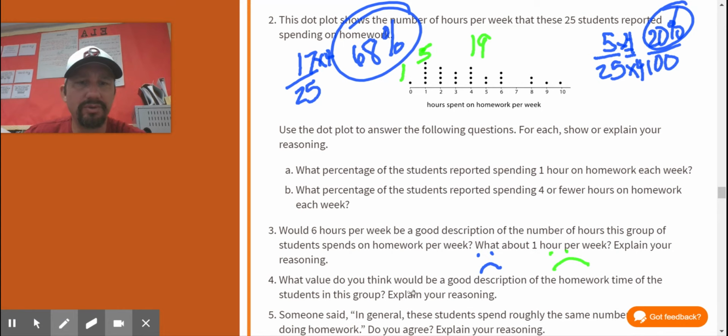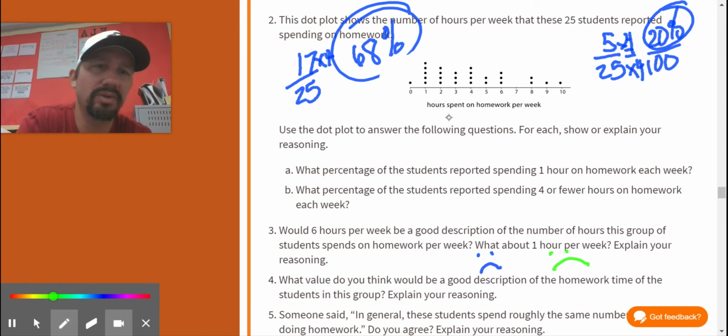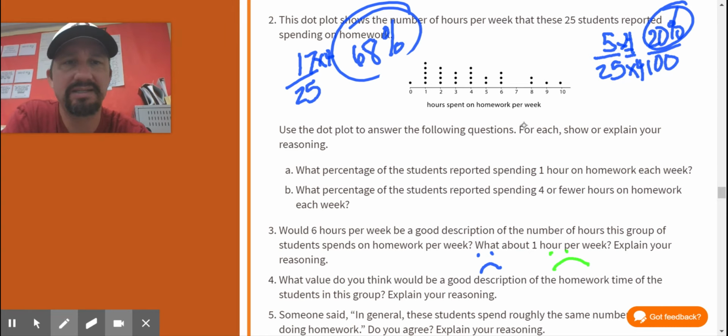So what value do you think would be a good description of the homework time of the students in this group? Don't just go to the number that's in the middle of everything. You're trying to figure out about if you chose a number where about half the people said more than that and about half the people said less than that. So we have 25, so we need to find somewhere about 12 or 13 people.